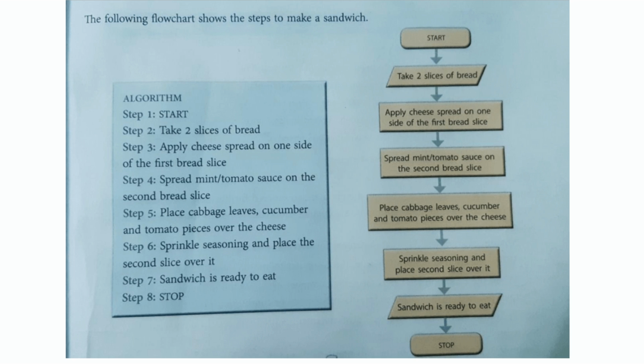The parallelogram shape says we are given some inputs. This is known as an input box. While starting, we should add some inputs, and then the process comes, and finally we have to get an output.